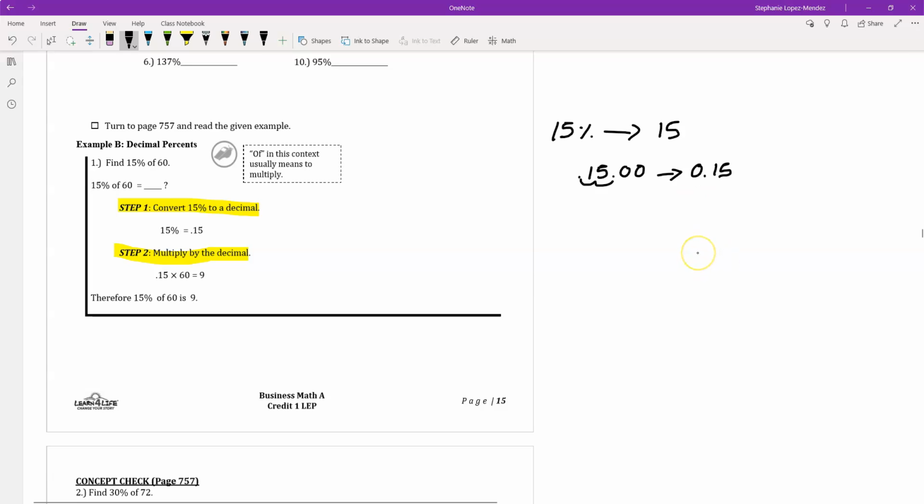Now I take what I just found, 0.15, and I will multiply this amount by the amount that I want. So in this case, we need to find 15% of 60, right? So I have 0.15 times 60.